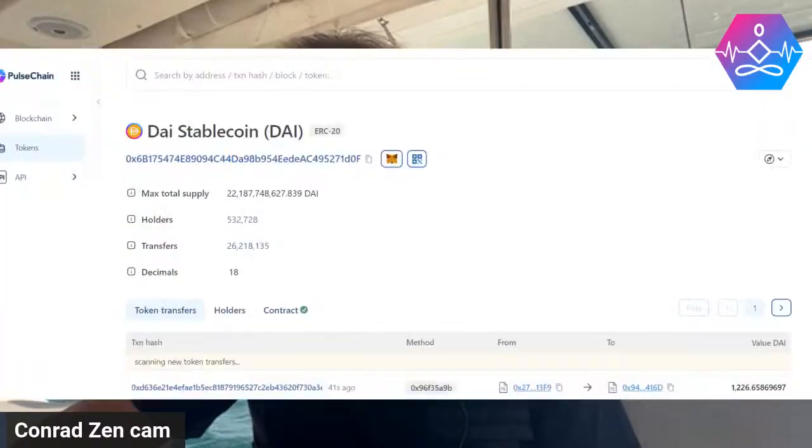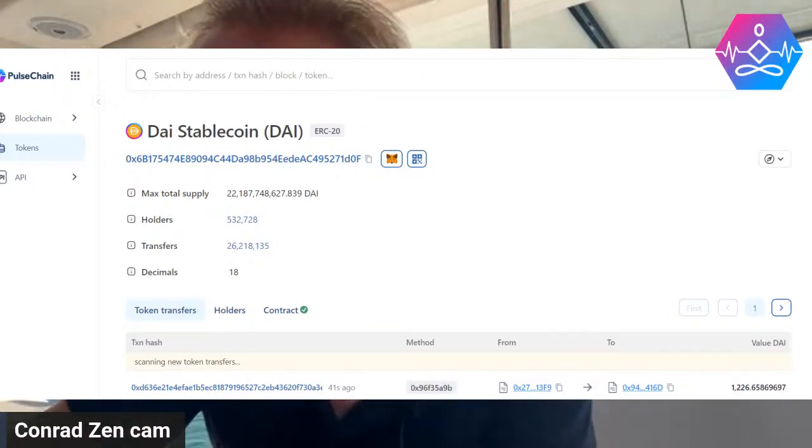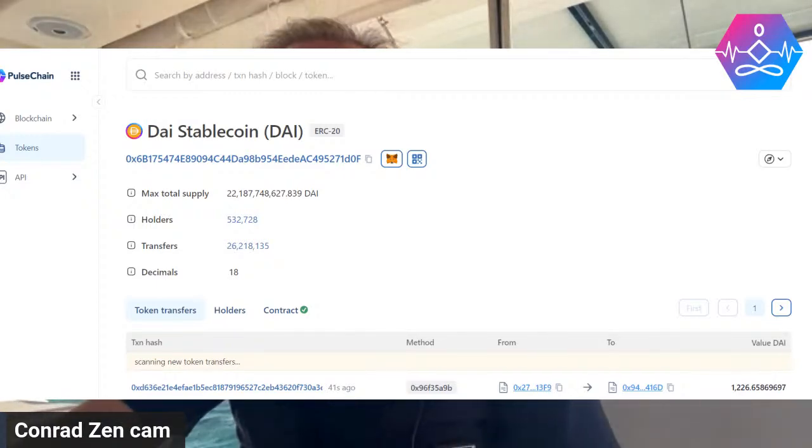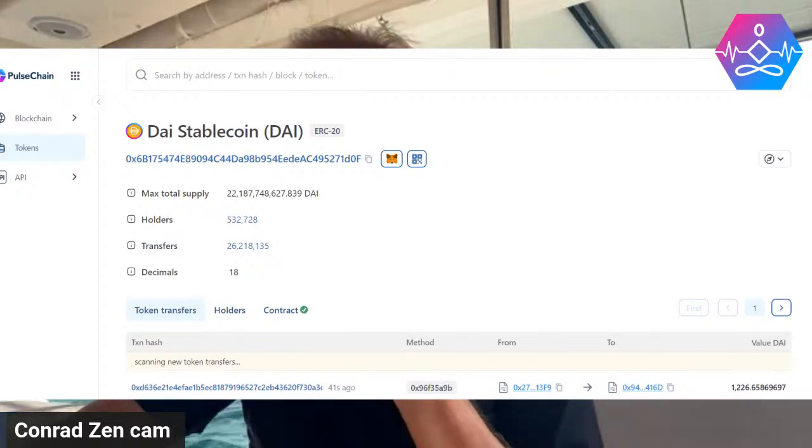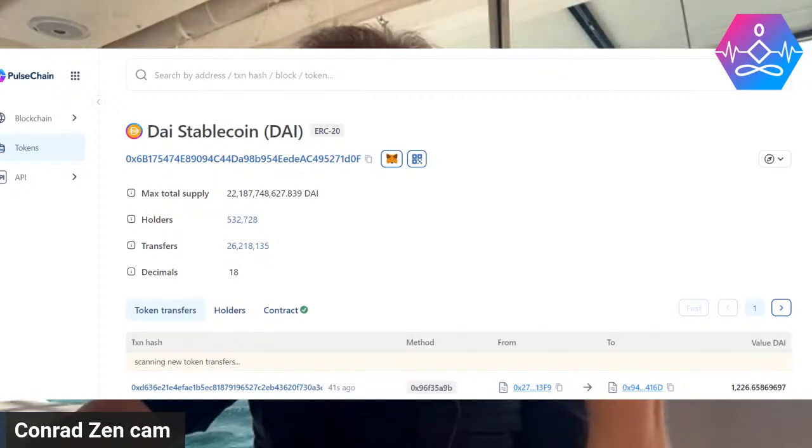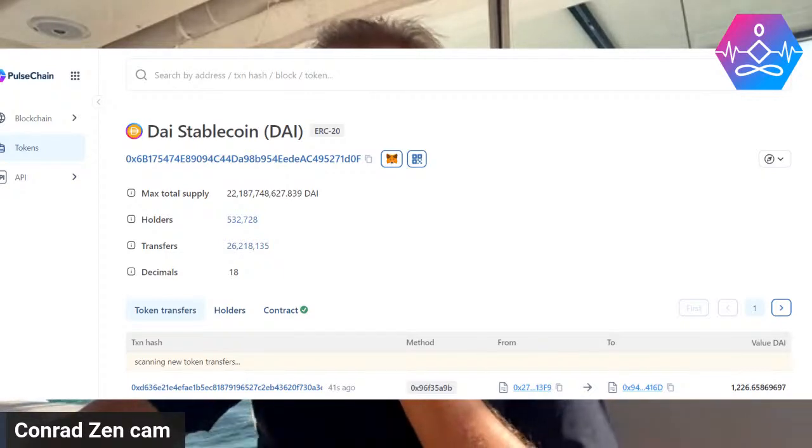Well, in order to make this work on Pulse Chain, somebody would have to actually say, okay, we need to make sure that we've got at least 22,187 million DAI, false DAI on Pulse Chain, backed by other assets. Now, 22 billion is what we have here. Then, under the mathematics of it all, somebody's got to put in about $32 billion.